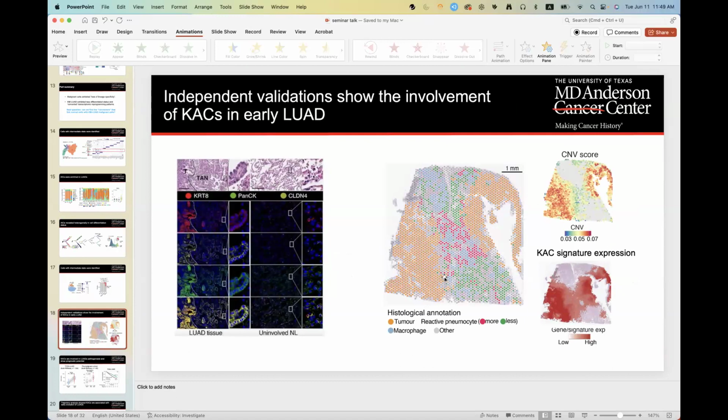Yes. Okay, the histological annotation part was done by my colleagues, the histopathologists. In the very beginning, I think they used dedicated tools for the image analysis, like quantification of cell level expression.